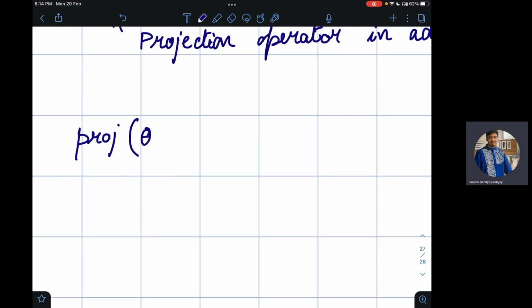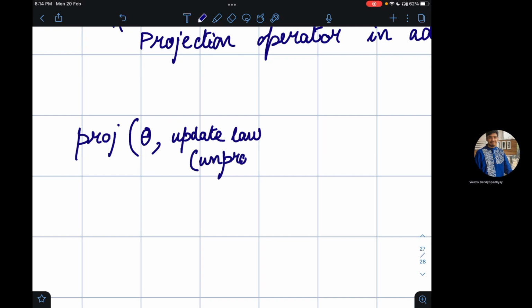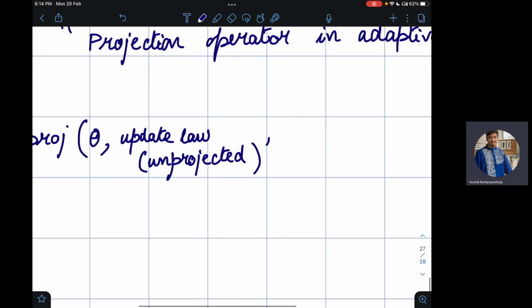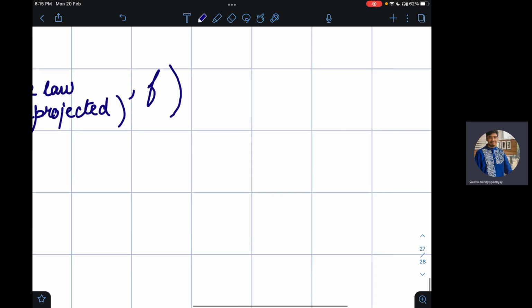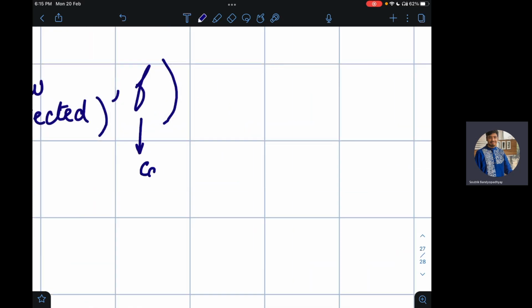The first thing is the parameter which you want to learn, the update law, unprojected, and a convex function which denotes whether the projected quantity is within a user defined bound or not. So this is usually a convex function.